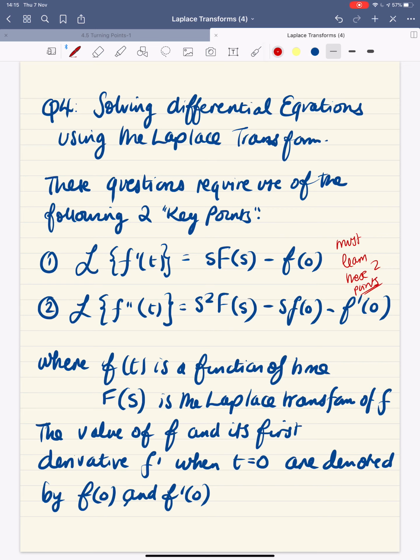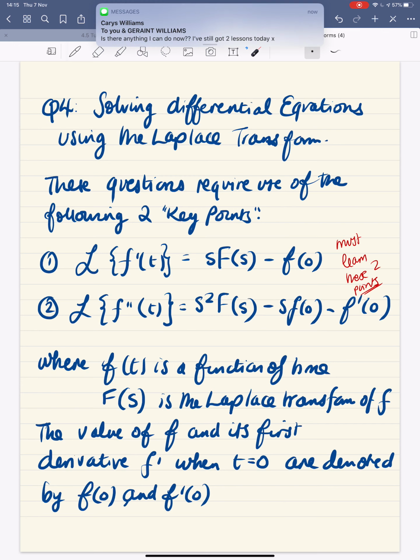The first one is that the Laplace transform of f dashed of t is s F of s minus f of 0. And the second one, the Laplace transform of the second derivative of f of t is s squared F of s minus s f of 0 minus f dashed of 0. They're the 2 things that you need for this.